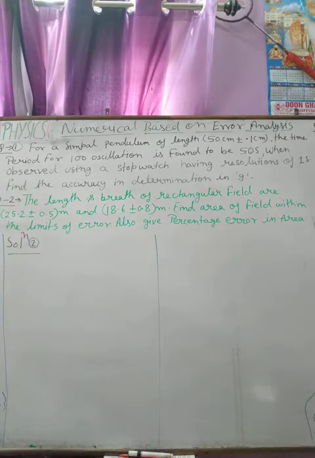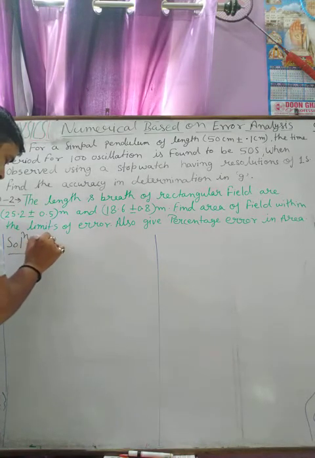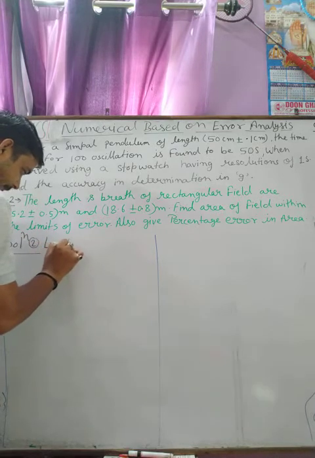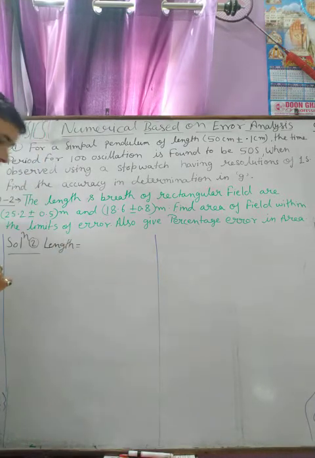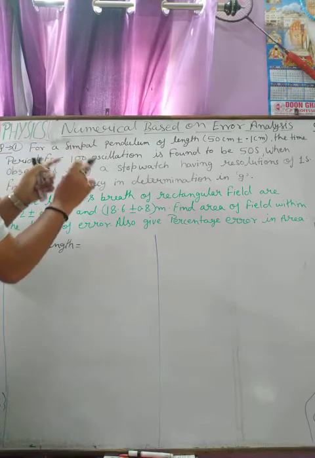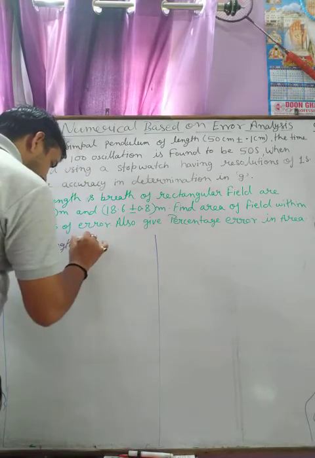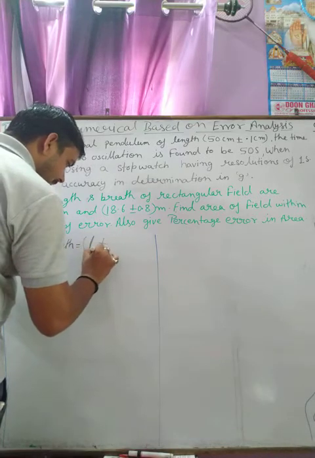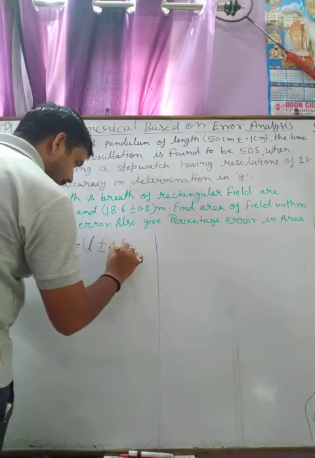So students, first we remind this. हमारे पास जो मेजरमेंट होता है, suppose we have the measurement of length. In this measurement of length, in the error analysis we can write it as L ± ΔL.